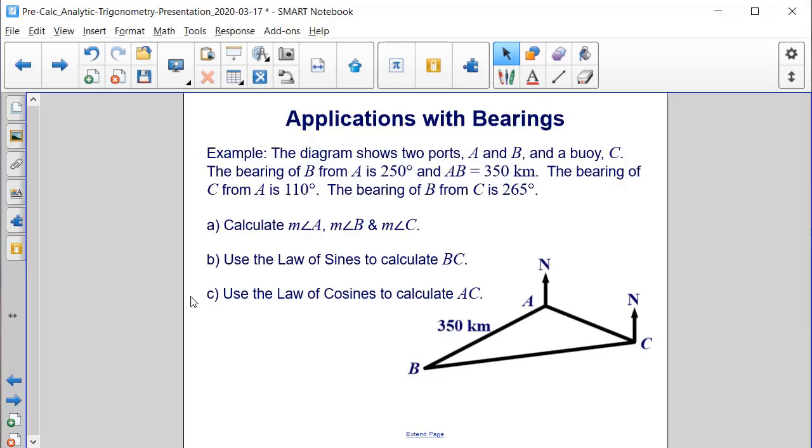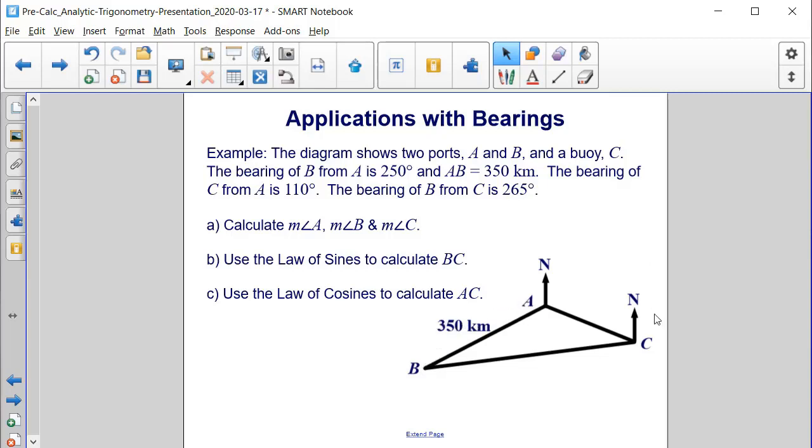Now let's talk about applications with bearings. The diagram shows two ports, A and B, and a buoy, C. The bearing of B from A is 250 degrees, and the length of AB is 350 kilometers.